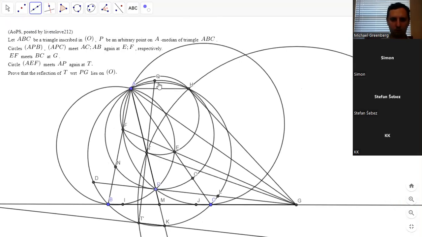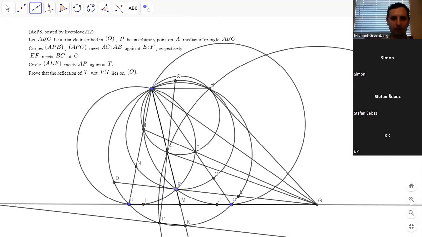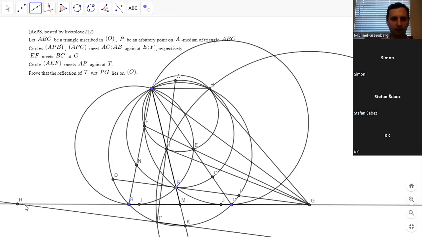But isn't HMT prime and that point cyclic? Oh, really? Yeah. This point here or the point up there? R. Oh. I did not realize that. You literally drew in that circle.